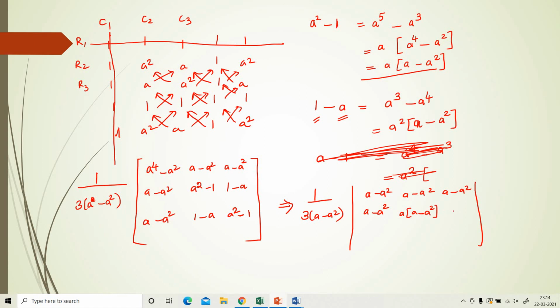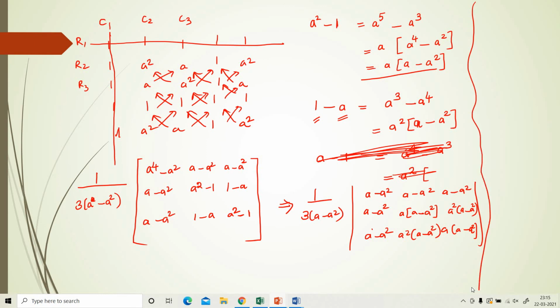Instead of 1 minus A, I am writing as A square, A minus A square. And then instead of A minus A square, 1 minus A square into A minus A square. And here A into A minus A square.